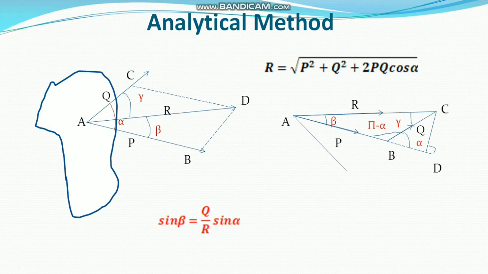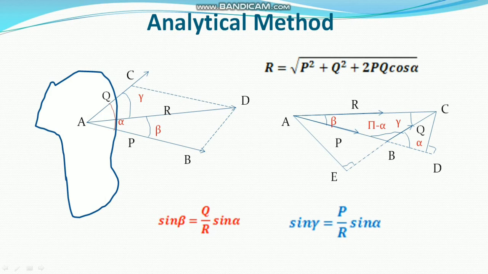Similarly, for the other one, let us extend this line CB and join a perpendicular line from A. Then you can find out sin gamma. Again there are two triangles, AEC and AEB, both right angle triangles, and AE is common. Because the total angle is 180 degrees, pi minus alpha, this one is alpha.